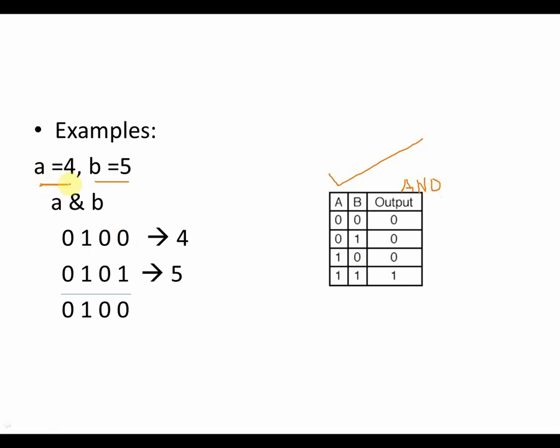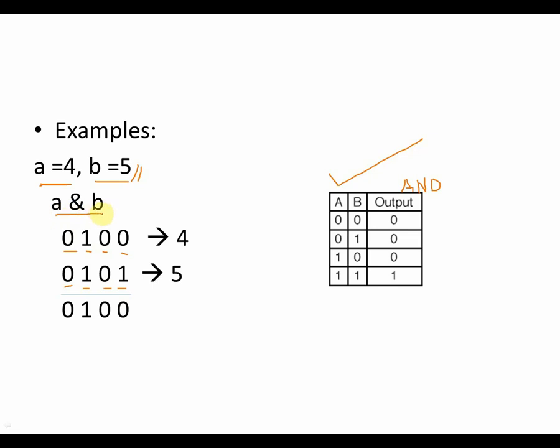So A is having a value of 4. Now when 4 is represented in bitwise format, we get 0, 1, 0, 0. And B takes a value of 5. When 5 is represented in bitwise format, it is 0, 1, 0, 1. So whenever we perform the AND operation, you have to perform it on each of the bits.